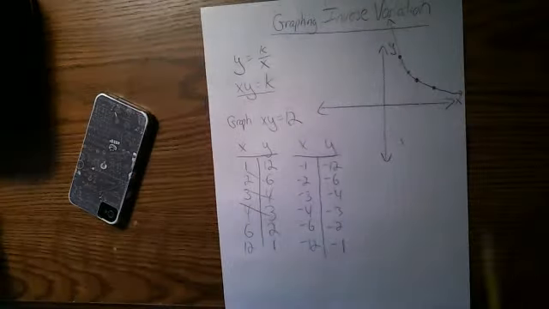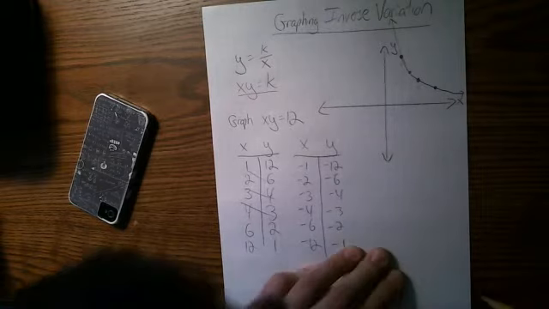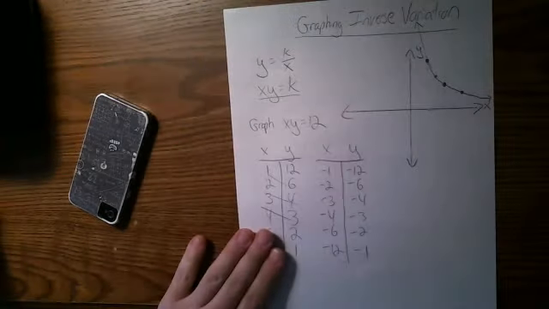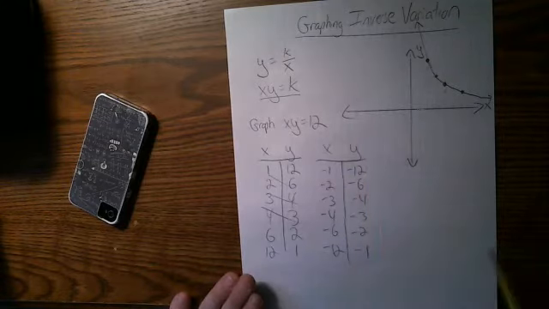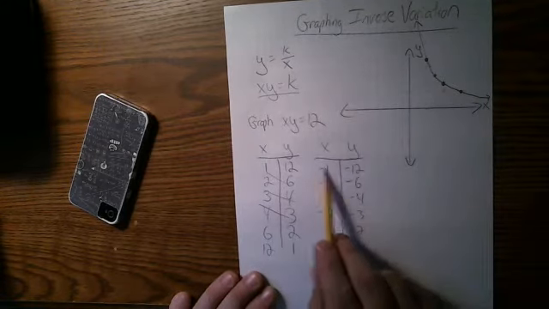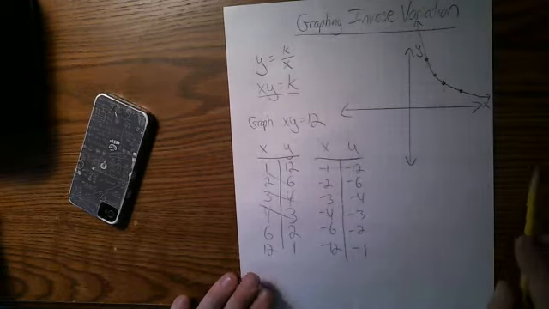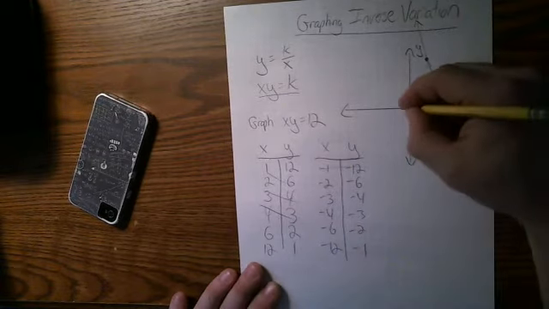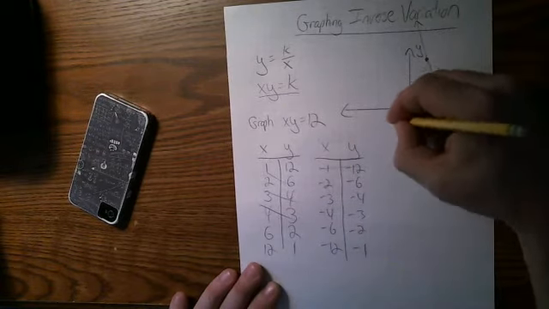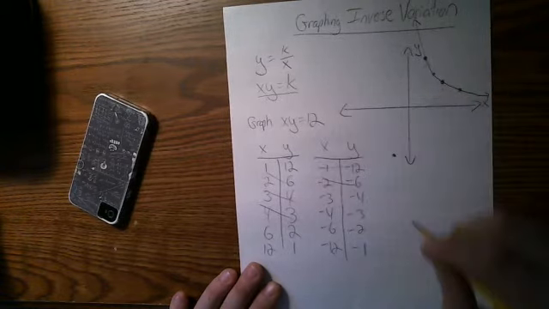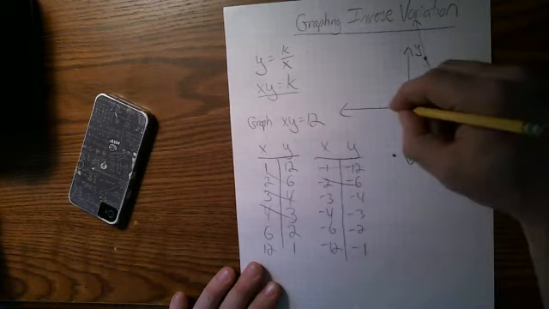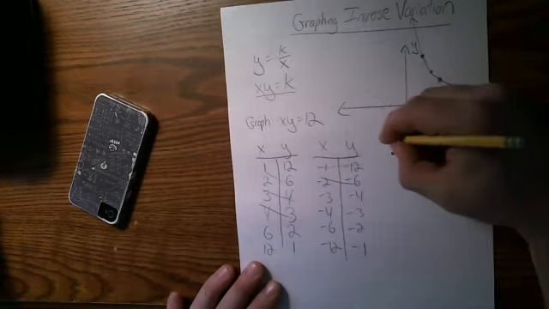And that is half of the inverse variation graph. The other half all lies in quadrant 3, where x is negative and y is negative. So we'll do the same thing. Negative 1, negative 12 won't fit. Negative 2, negative 6 will fit. Negative 3, negative 4.